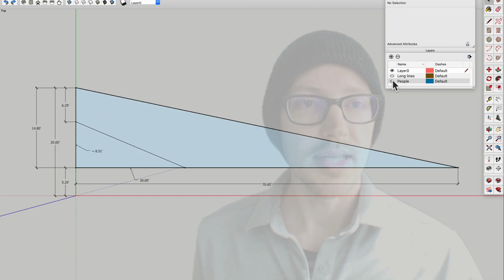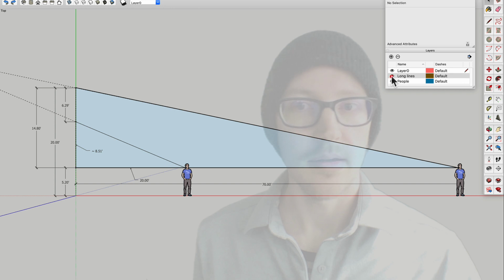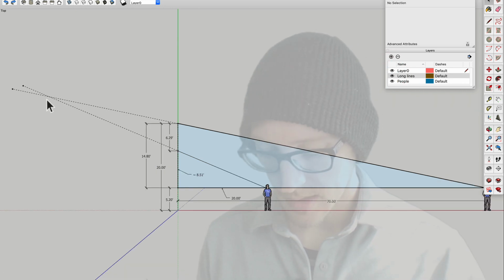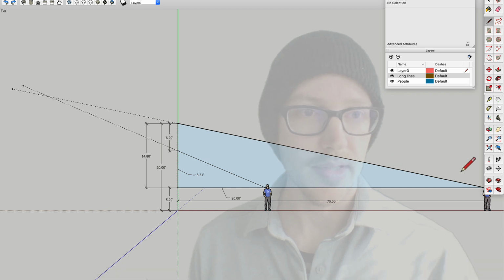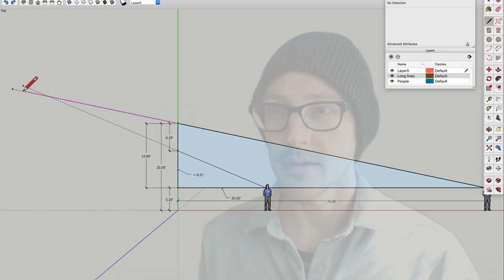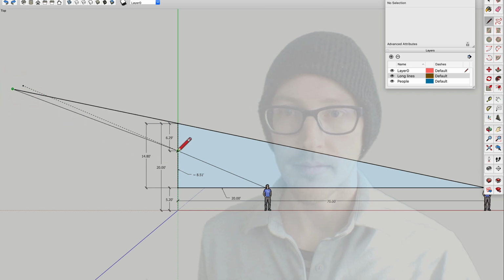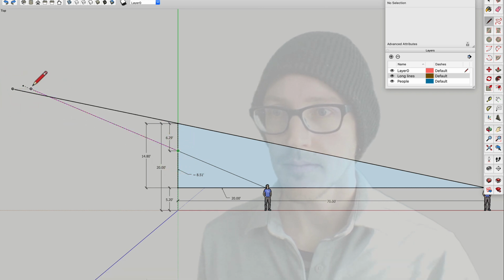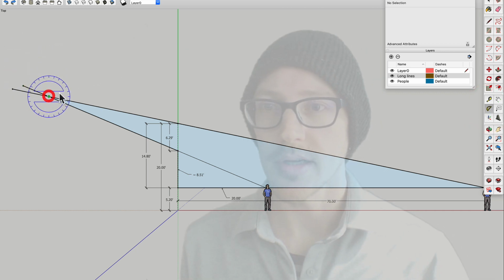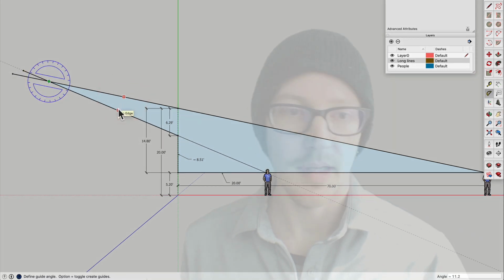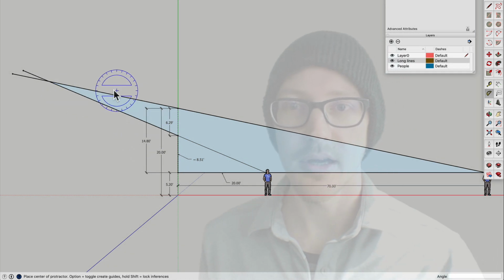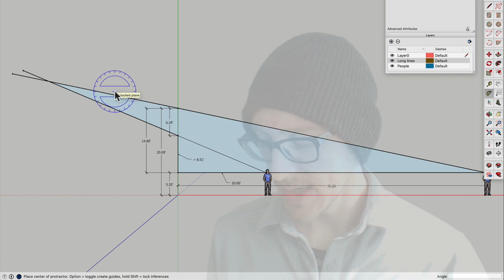So 11.11 then should be this angle here of these two lines. And let's see what happens if I draw these lines all the way out. So I'll take my protractor, start here, and yep, it says 11.2. So that is the target coverage angle that I was looking for.